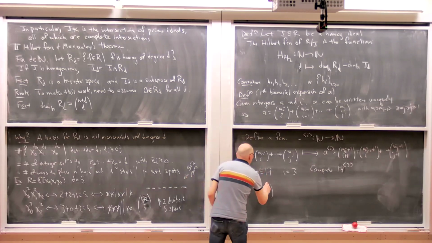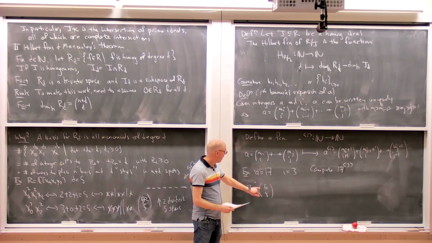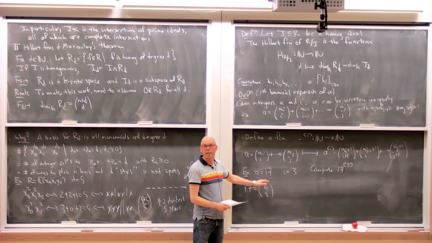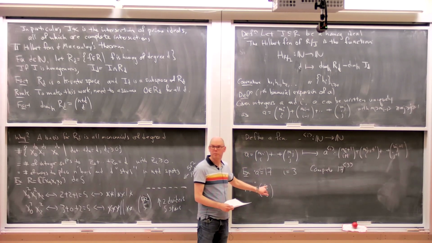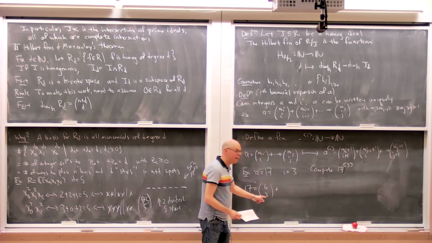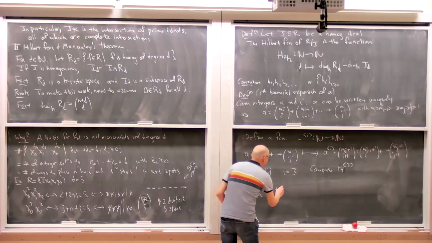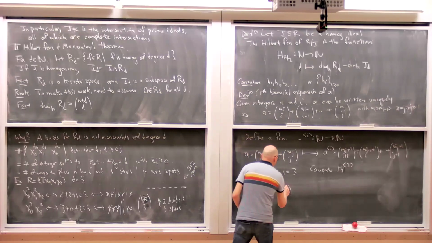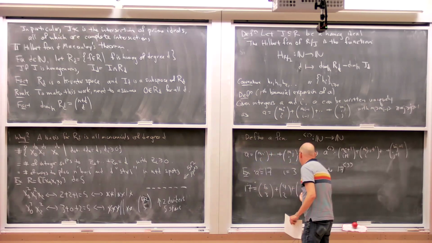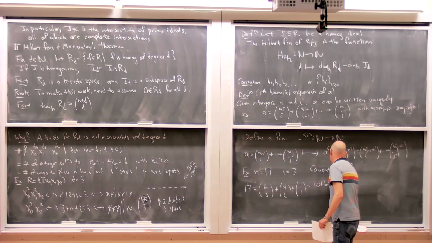Okay, so 5 choose 3 is 10, right? But 6 choose 3 is 20, so I can't use a 6. I have to use a 5, and then okay, so I've used up 10 here. So now I look at 7. I have to write the 7 in terms of a binomial coefficient with 2 at the bottom. The biggest I can do is 4 choose 2, which is 6, and then I'm still short 1, so it's 1 choose 1. Okay, because this is 10 plus 6 plus 1.